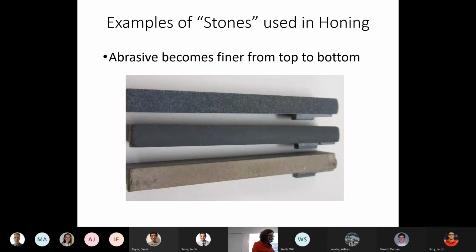Here are examples of some different stones, and you can see that the abrasive is fine to start with, but it's getting finer. So a finer abrasive is going to give us a smoother surface.